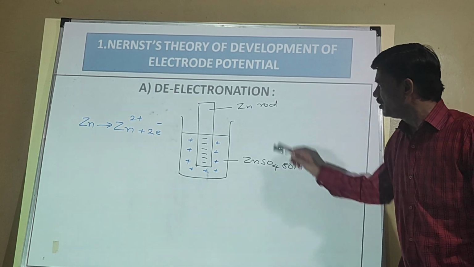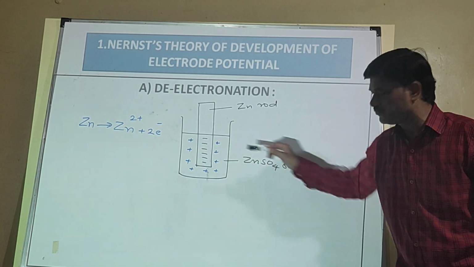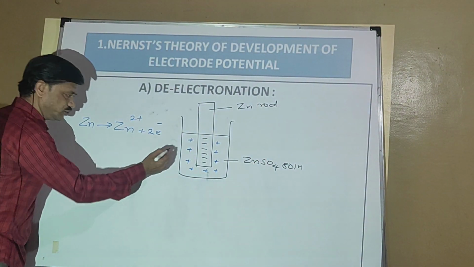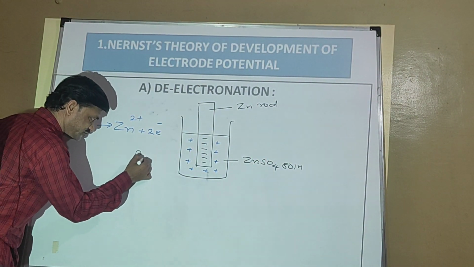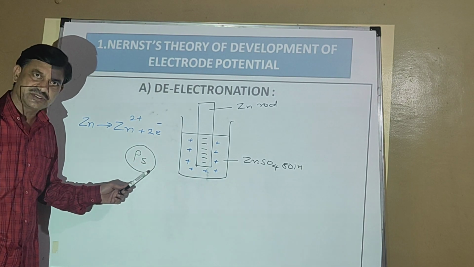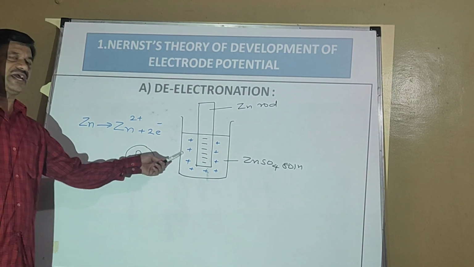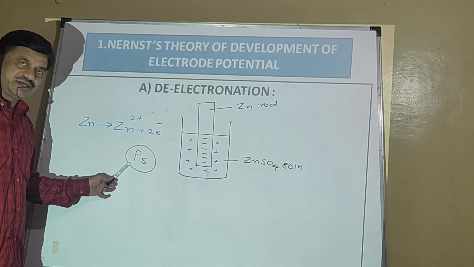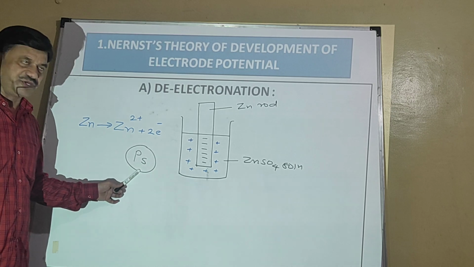So remember here, zinc passes into solution in the form of cation, and this tendency of zinc to pass in the solution in the form of cation is denoted on paper by PS. What is PS? This is solution pressure. So remember diagrammatic representation, reaction, and what is this tendency? Solution pressure, that is PS.